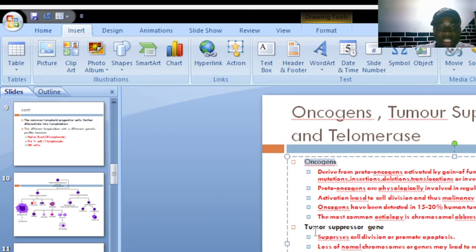Now, tumor suppressor gene. Tumor suppressor gene is very, very important when it comes to the generation or the maintenance of hematopoiesis.